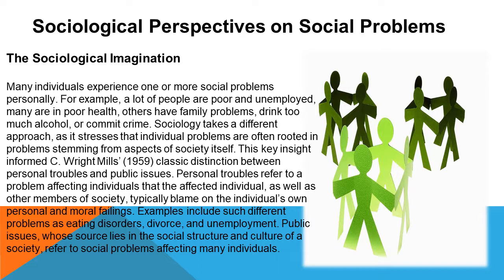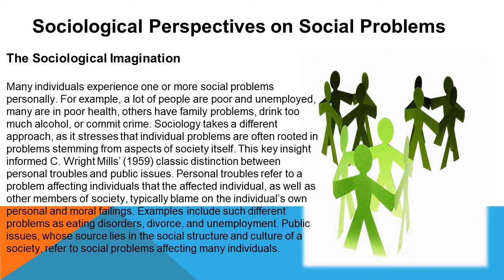Many are in poor health, others have family problems, drink too much alcohol, or commit crime. Sociology takes a different approach as it stresses that individual problems are often rooted in problems stemming from aspects of society itself. This key insight informed C.